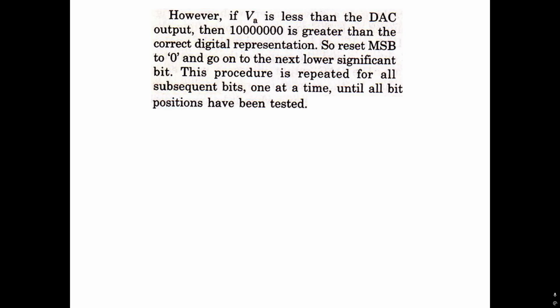However, if VA is less than the DAC output, then 1 0 0 0 0 0 0 0 is greater than the correct digital representation. So reset MSB to 0 and go on to the next lower significant bit. This procedure is repeated for all subsequent bits one at a time until all bit positions have been tested.